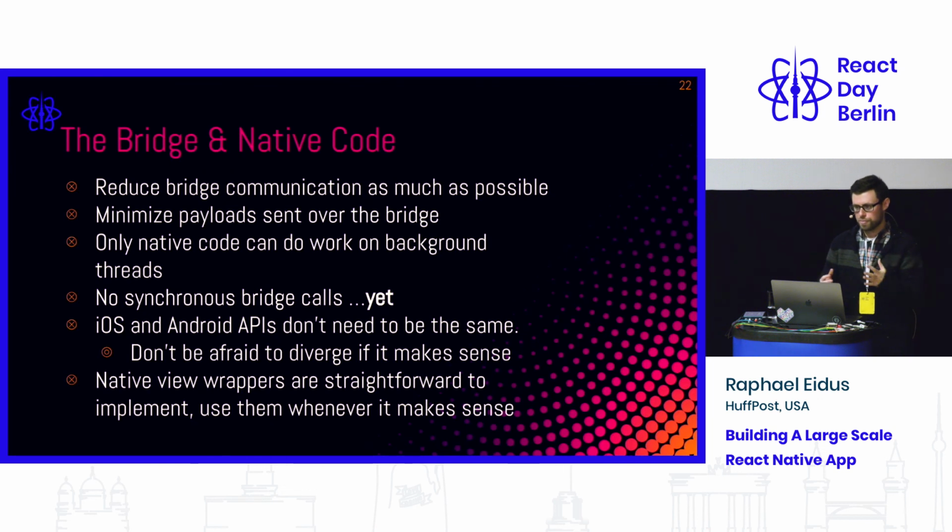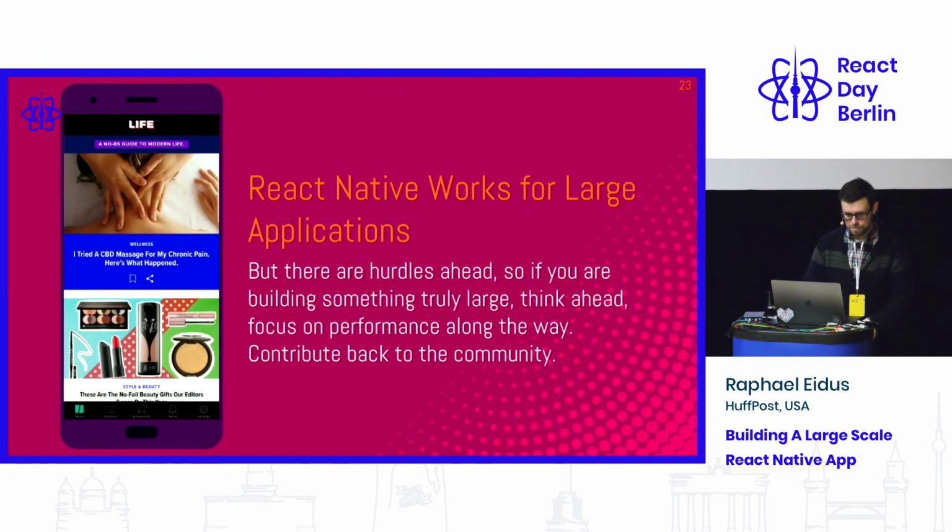So I'm very much looking forward to the smaller React Native framework with more access to React Native components that are included as needed. So React Native works for large applications, but there are definitely hurdles. So plan ahead, and definitely contribute back to the community.